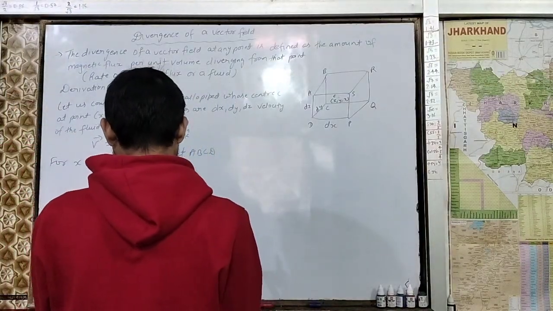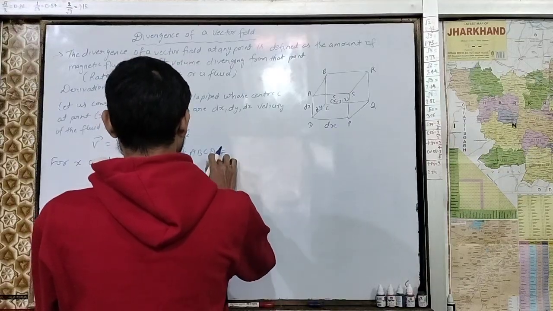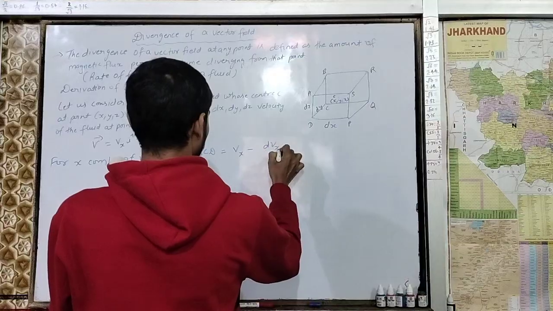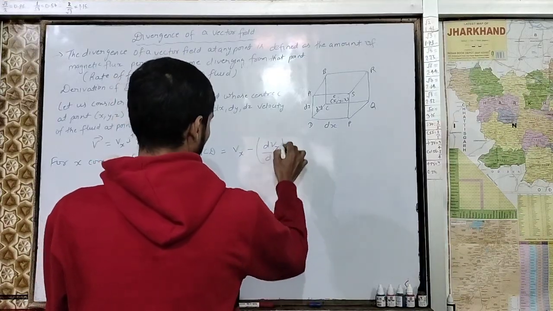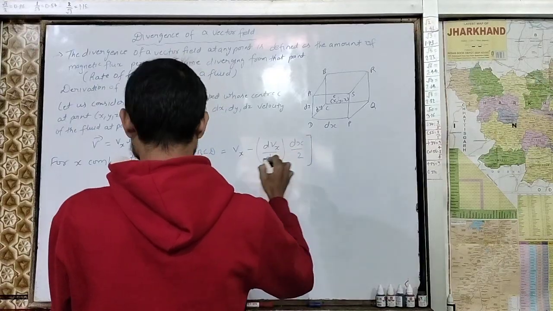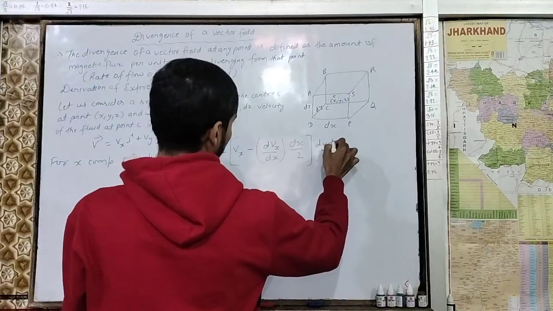So you can write this as Vx minus dVx upon dx by 2 into dy dz.